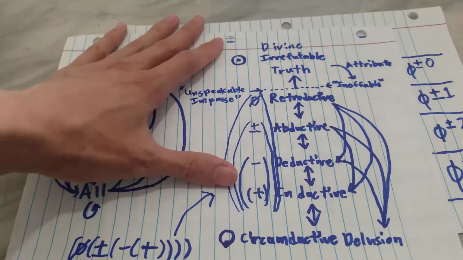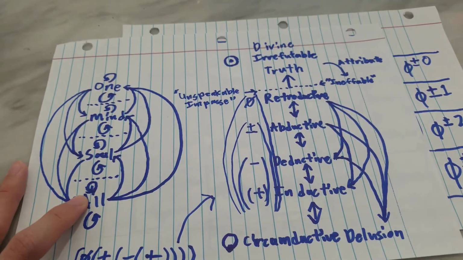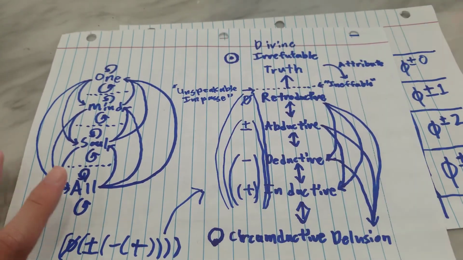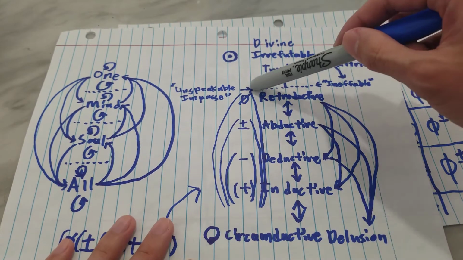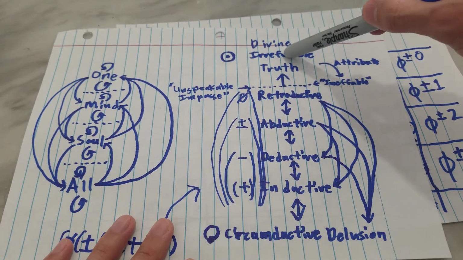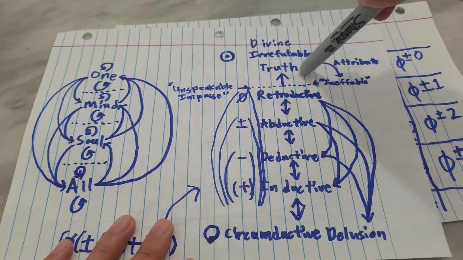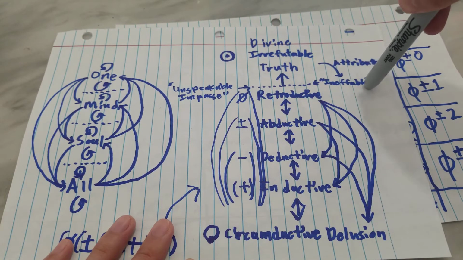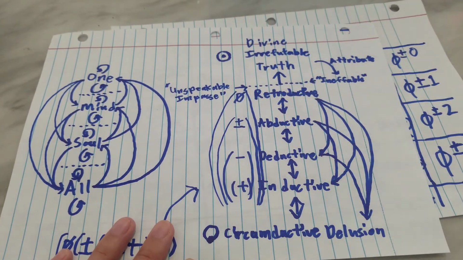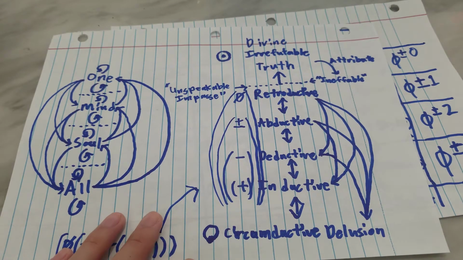But anyways, let's get back to this. This dotted line here is like the closed door of the sun door. It is what is said of the irrefutable truth as an ineffable, because it is unspeakable or impossible or esoteric or whatever else you want to call it, hidden.